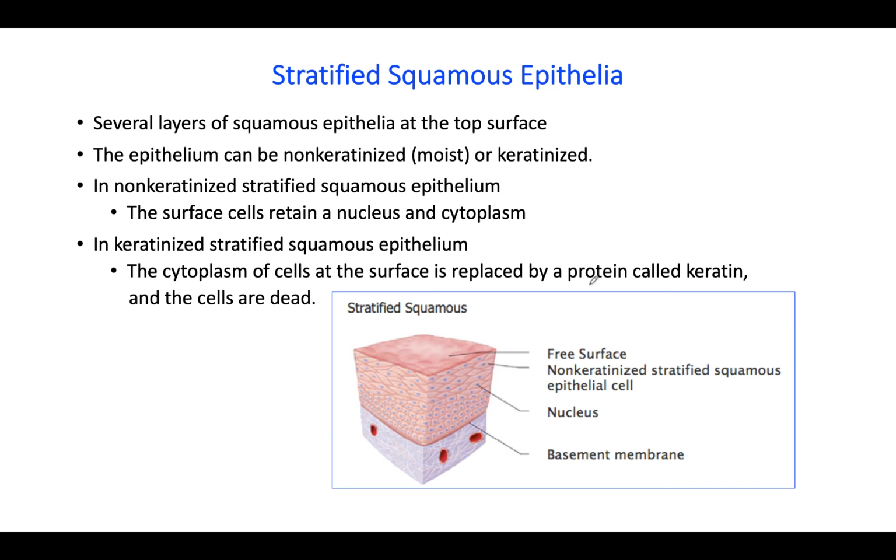Now let's move to stratified squamous epithelia. Several layers of squamous epithelia at the top surface. If we look at this stratified epithelia, there are multiple layers of cells that are cuboidal in the basal layer and progressively flattened toward the surface.